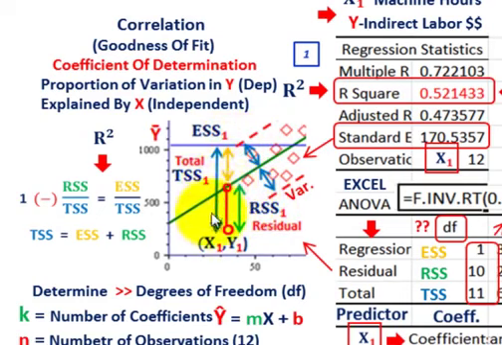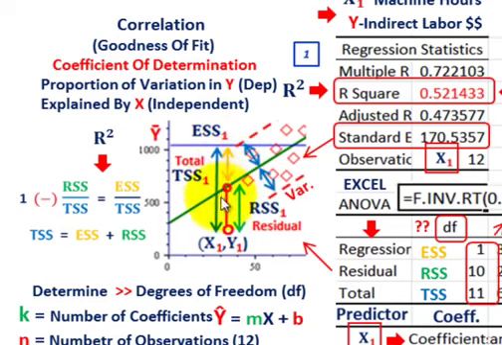The total sums of squares is shown as this blue line here, but the residual sums of squares, that's these green arrows here, and that's really the difference between each of the Y actual values and what the predicted value would be on your regression line. All right, so that's the residual sums of squares, and then the explained sums of squares is shown in gold here. That's the difference between your Y mean value and the predicted value for each of your Y values.